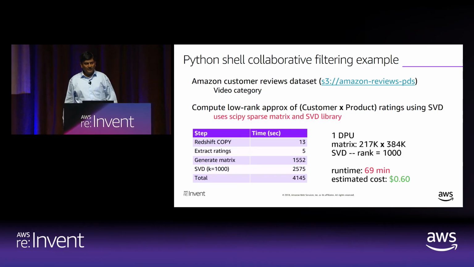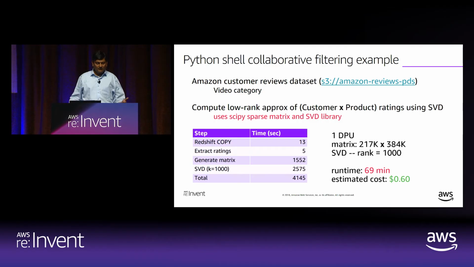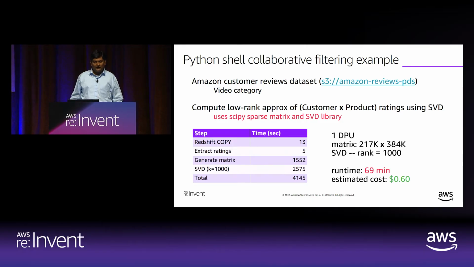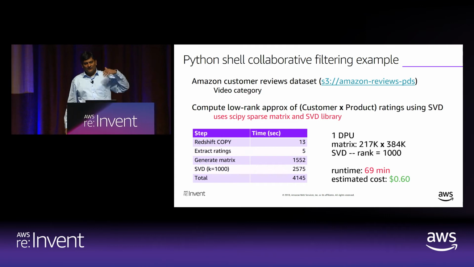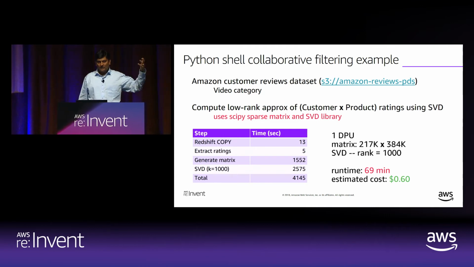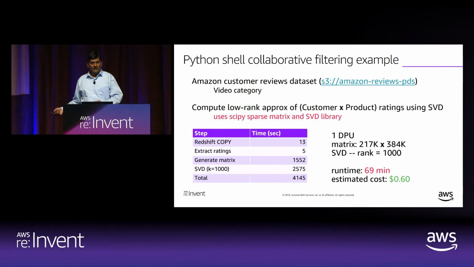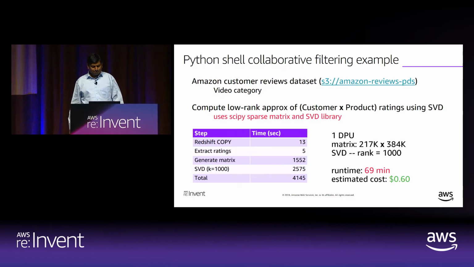There's basically 4 steps here. We used Redshift to copy the data into a Redshift table, run a SQL query to extract the customer product pairs. We loaded those pairs into a matrix and then ran the SVD. The Redshift SQL queries took less than 20 seconds. It was nothing, really. And then the computation is where all the work was. And this is for calculating a 1,000 dimension or 1,000 rank matrix.